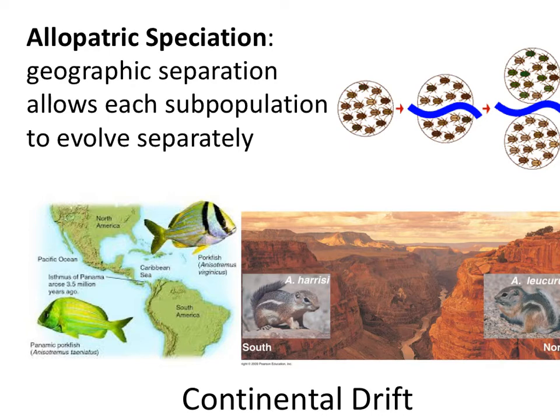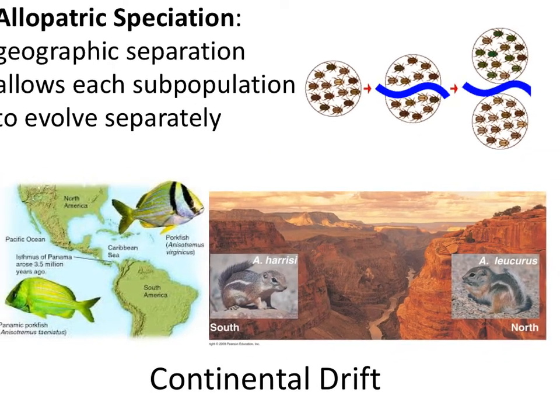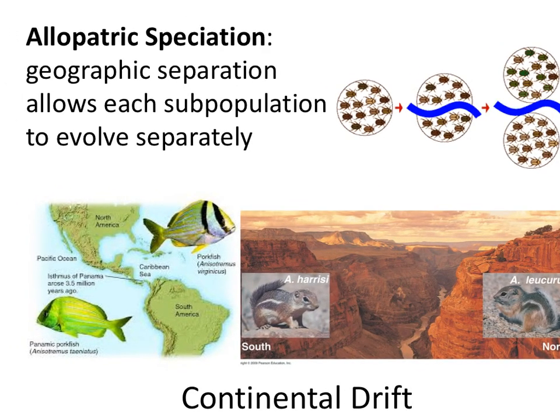Another example of this is this Isthmus of Panama, which formed 3.5 billion years ago. So before there was no land connection, and the seas, the Caribbean Sea and the Pacific Ocean, were connected, so fish could easily swim back and forth.